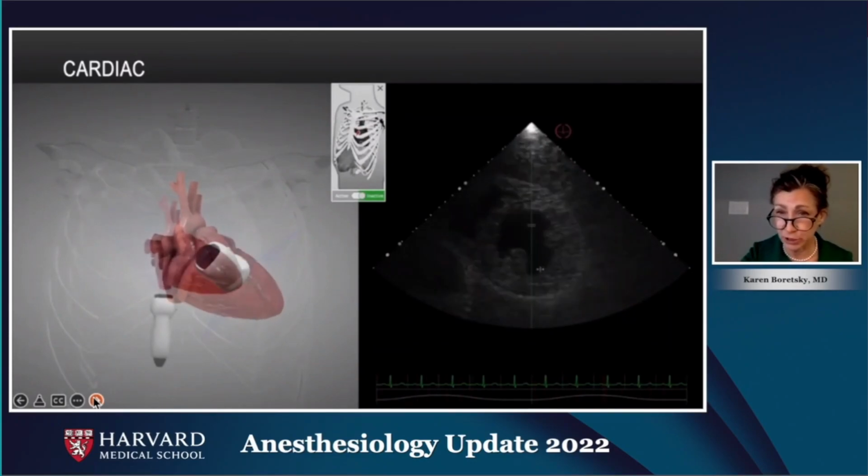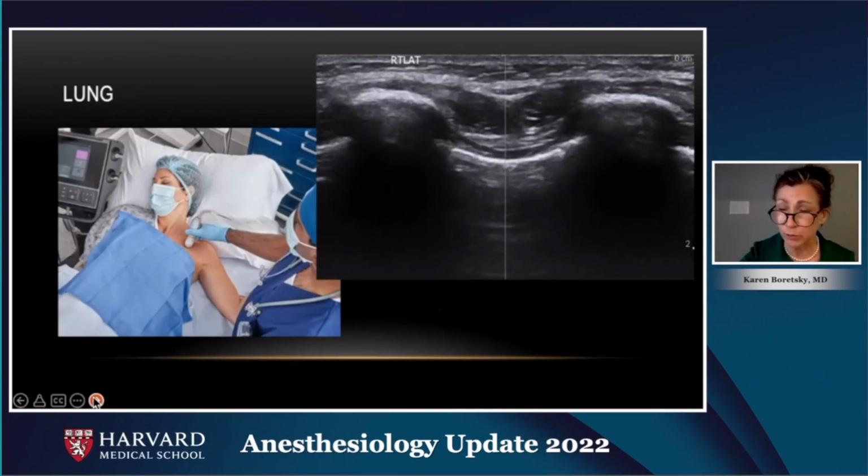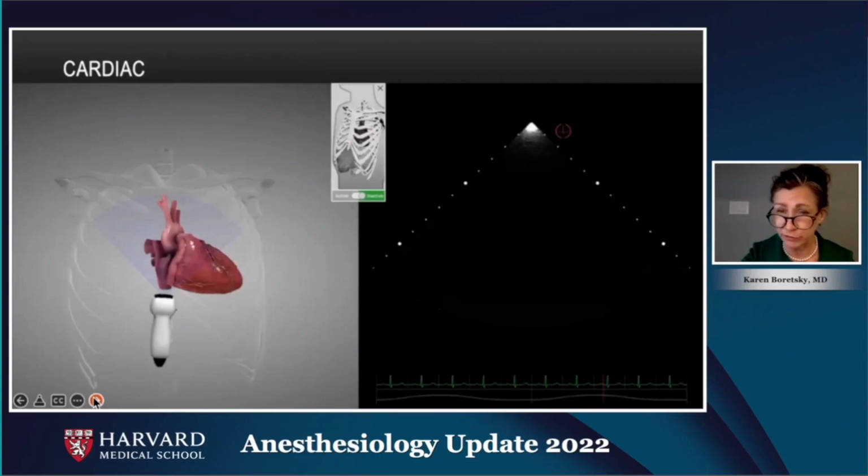The information that you get from this is the size of the heart, the RV to LV size discrepancy. You can find out if there is fluid around the heart. You get a sense of how well the heart's contracting, and a sense of the filling volume. These are the only four things that we really are looking for when we're doing point-of-care ultrasound. It's not comprehensive.